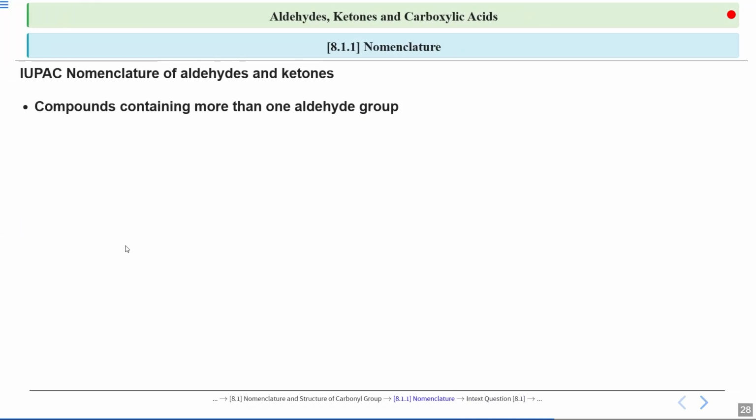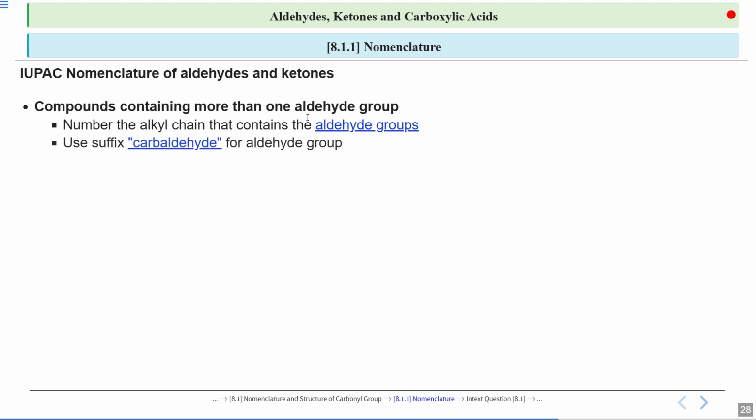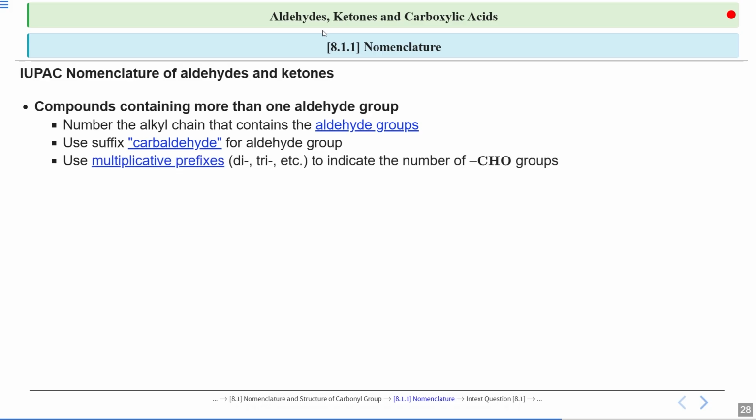Now we will see compounds containing more than one aldehyde group. If there is more than one aldehyde group in a compound, how do you write the name? You will number the chain that contains the aldehyde groups, and then you will use the suffix carbaldehyde for the aldehyde group.